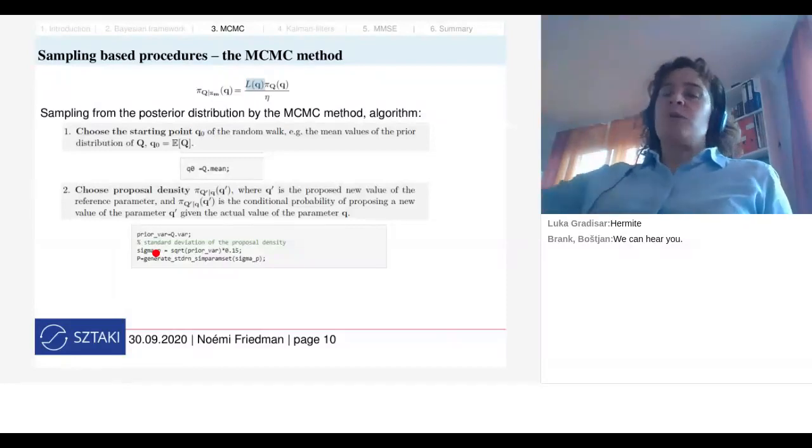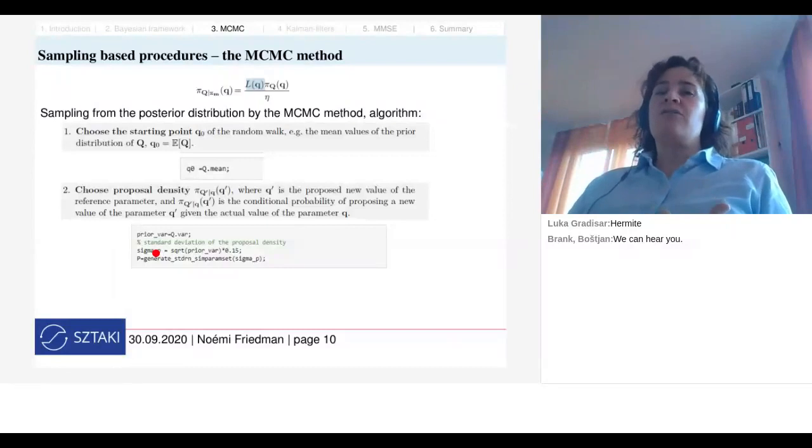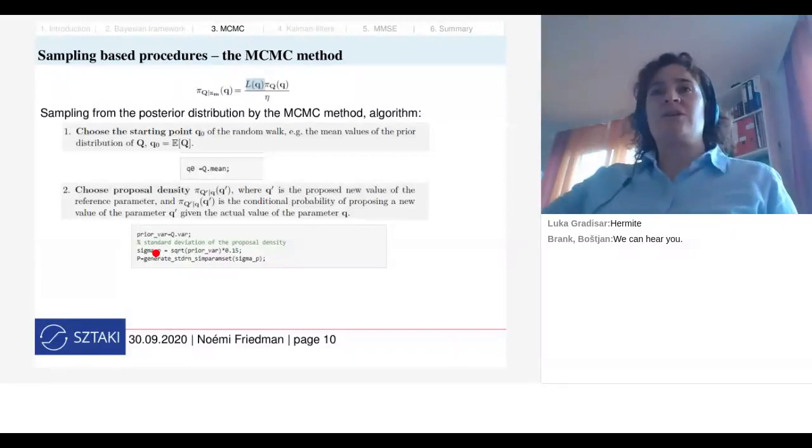If your steps are too big, that can make it too rough, and then you don't really find the good regions where the density function is actually taking high values, so that can also be problematic. So this is something you have to experiment with.